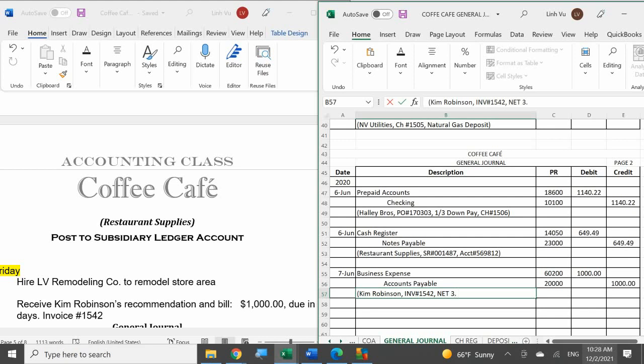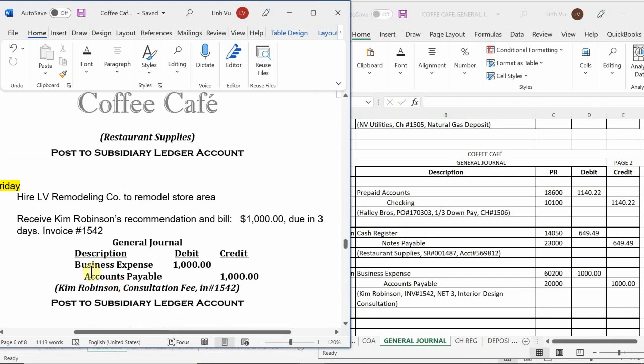And you could say here interior design consultation. Boom. So now our journal is done. That's exactly how we're going to do it, is that we're recognizing this is a business expense and we are going to be placing it on an account. So now we have our journal done.